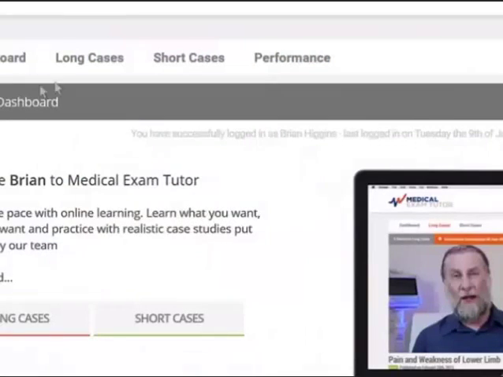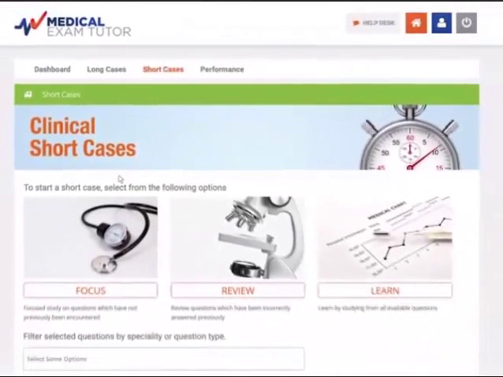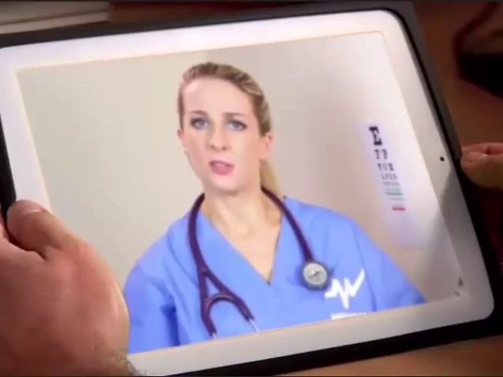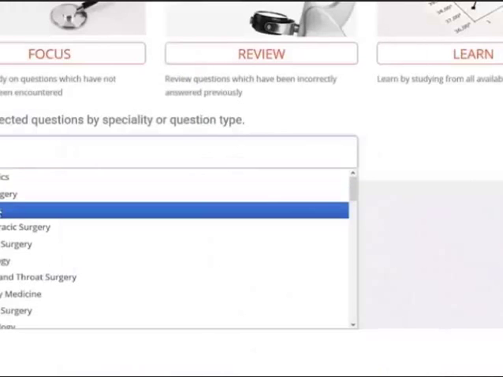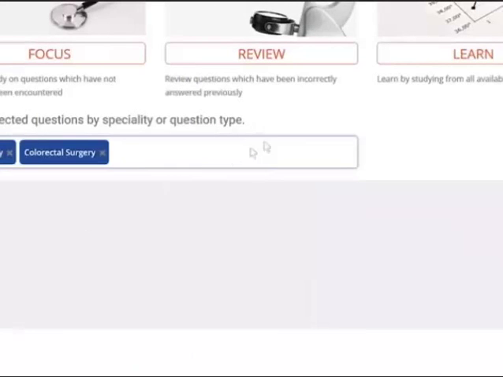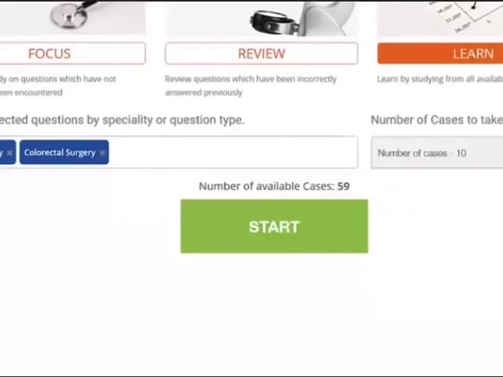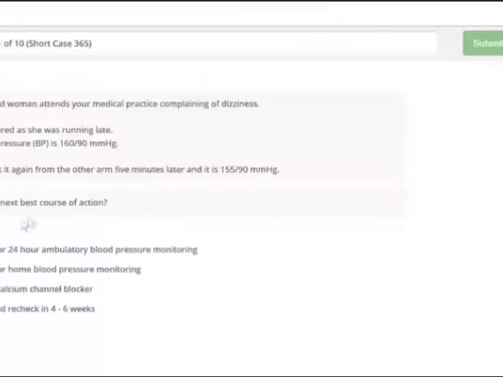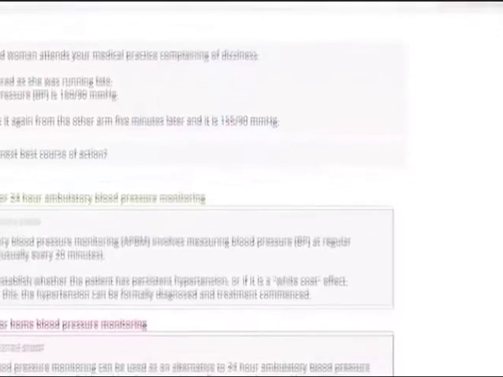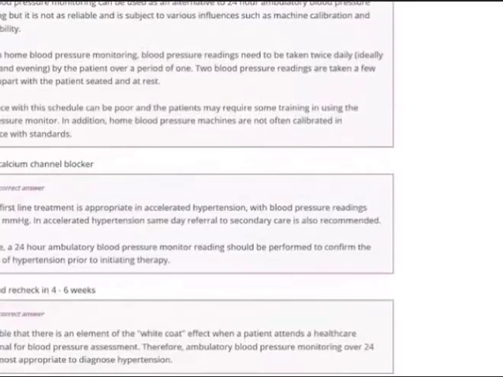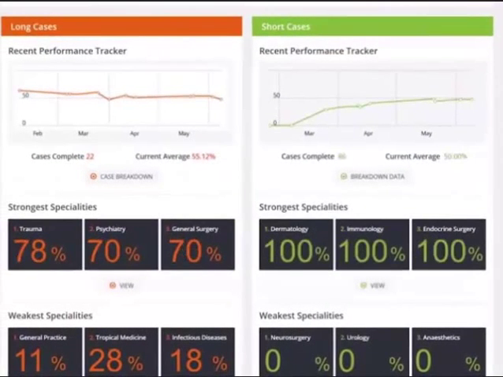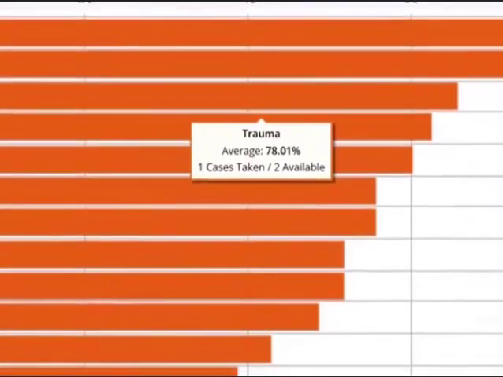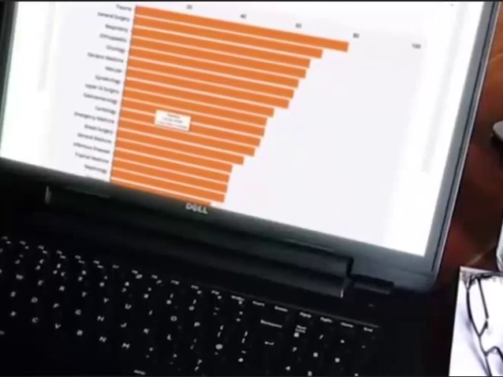What if they could practice long and short cases all on one platform with video, images, lab and X-ray results, real clinical data, and lots of ways to help them focus and ensure the highest yield for their time? What if they could take control of their own learning, understanding exactly where improvement is required, which specialties need the most focus, and tracking their progress over time?